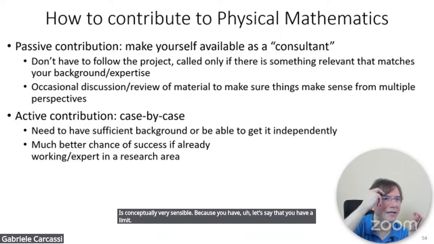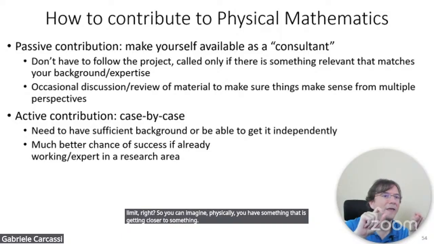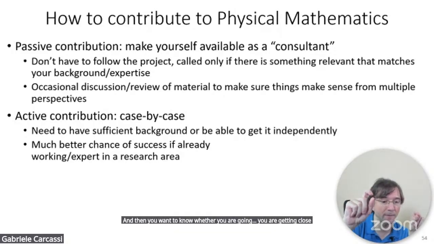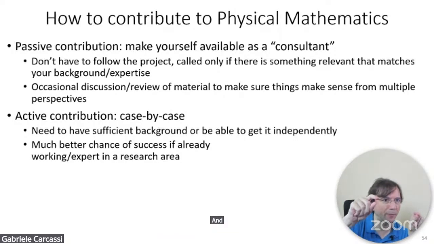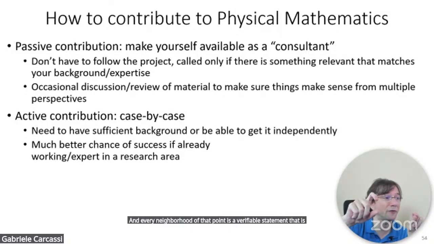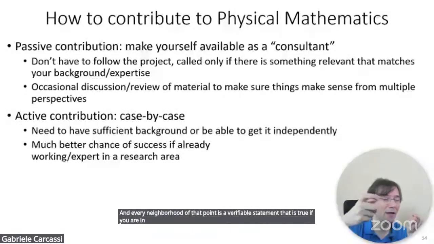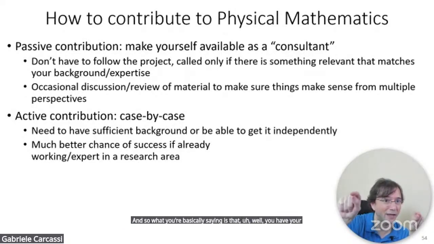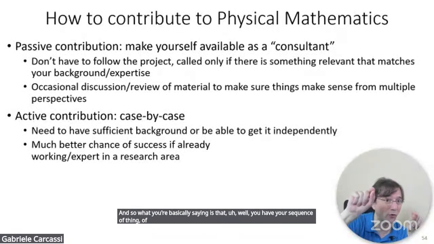You can imagine physically you have something that is getting closer to something, and then you want to know whether you are getting close to that point. And every neighborhood of that point is a verifiable statement that is true if you are in that case. So you have your sequence of cases that are going closer to the one that is the limit.